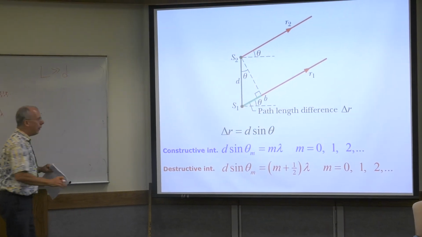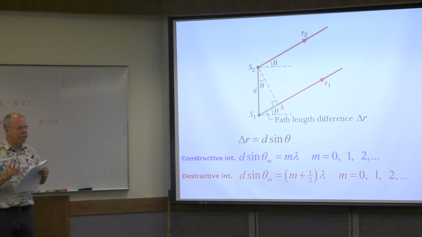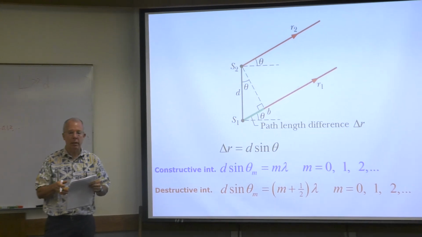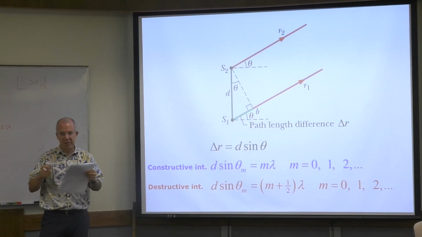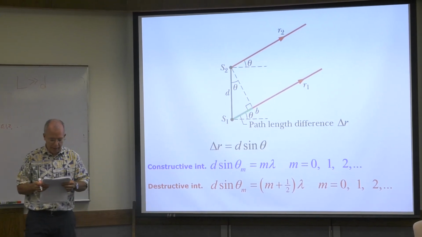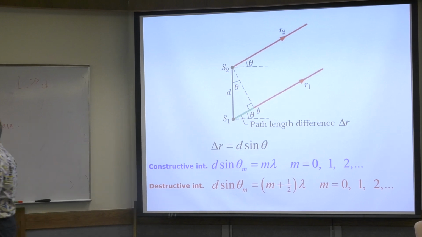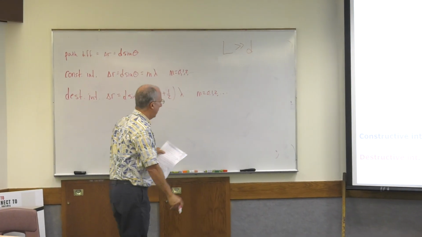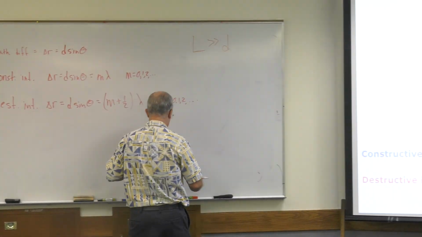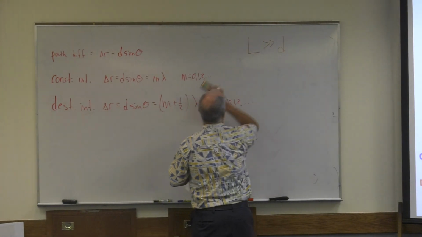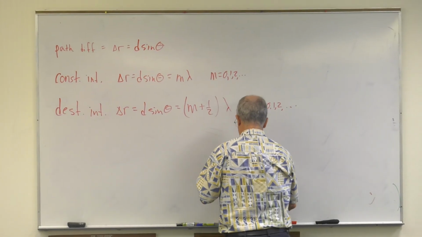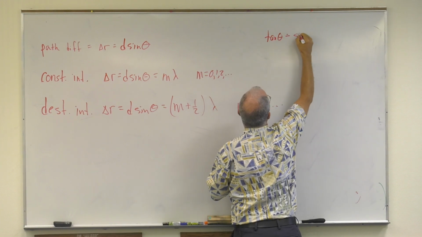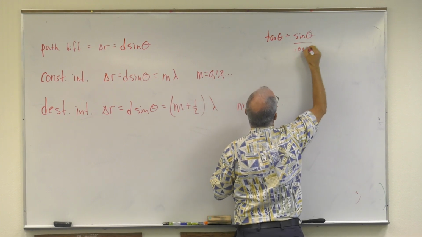Okay, now what we want to do is find the positions on the screen where we have a max intensity and then a 0 intensity, so max and min. Now, in order to do this, we're going to use something called a small angle approximation. So here's a little trig for you. Remember from trig, tangent theta is sine theta divided by cos theta.